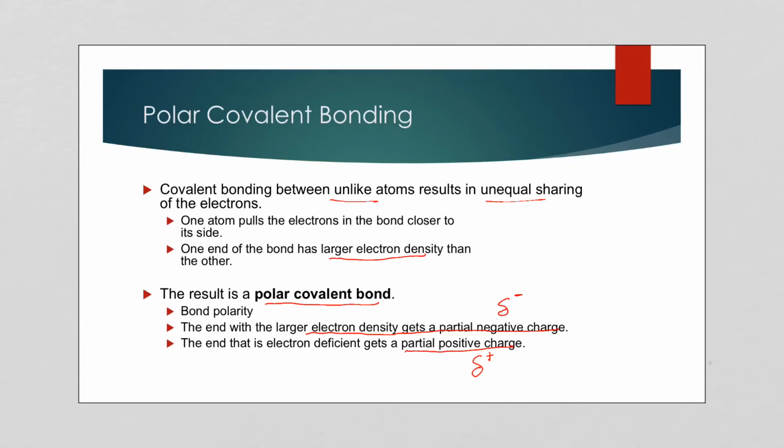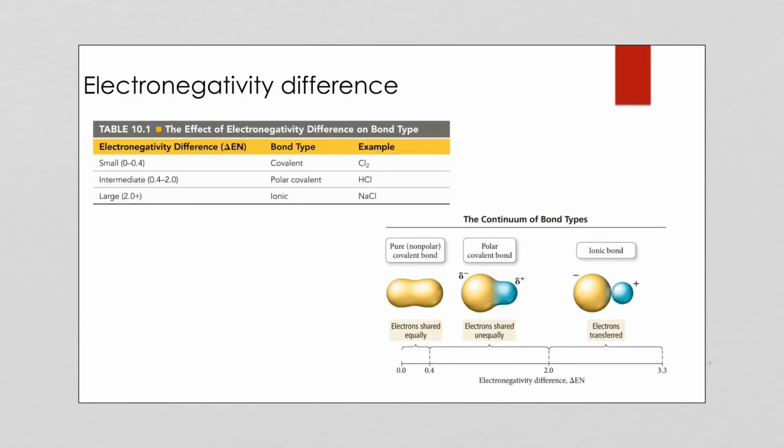So if we check out the table, what makes a polar bond versus a nonpolar bond? Well, the simplest way to approach this is just to look at the electronegativity difference. So if we look at our table, if we have a small difference, between 0 and 0.4, we have a simple covalent bond, or what you might refer to as a nonpolar covalent bond.